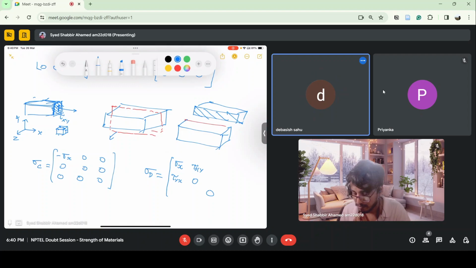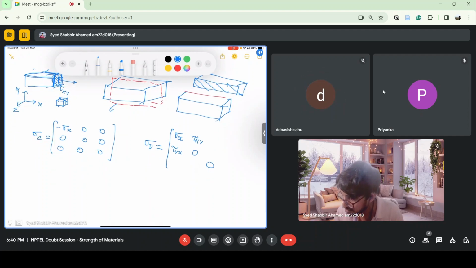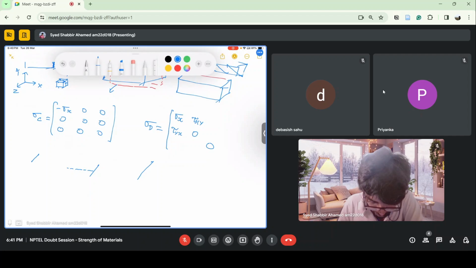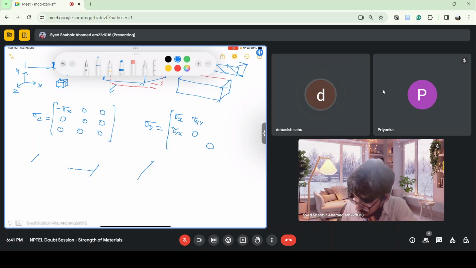No, not yz actually, because the stress direction is toward the flange, so the z and x directions are there. Okay, I think so. We'll draw it.